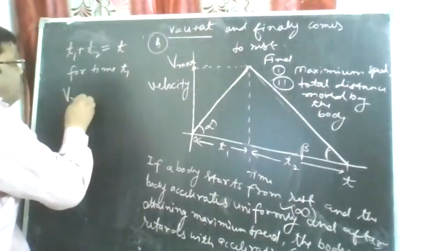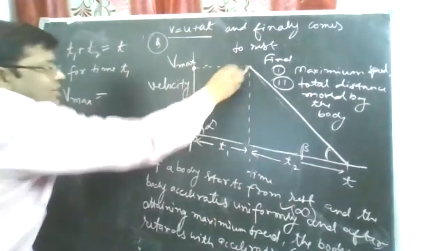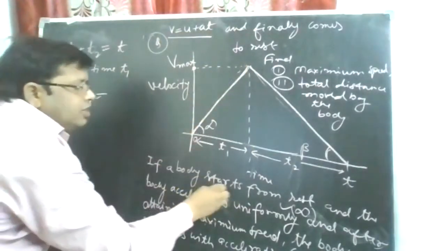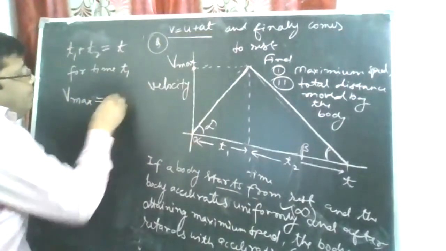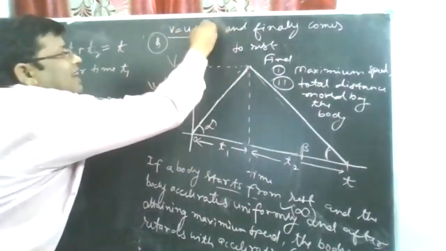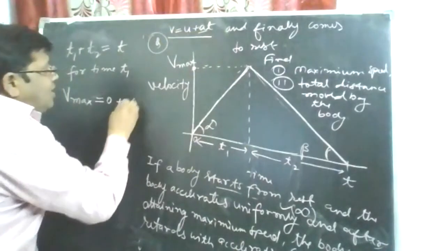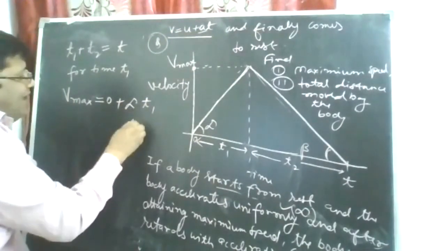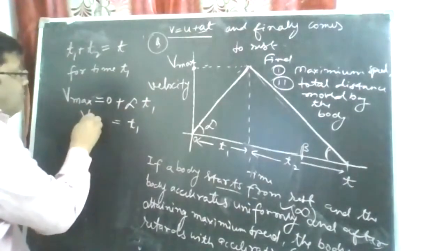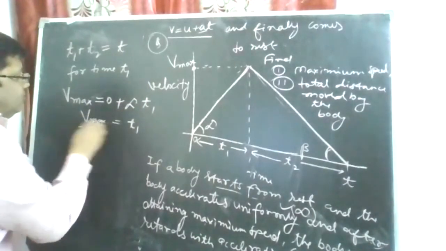V maximum. What is the initial velocity? The body starts from rest, so the initial velocity is 0, plus what is the acceleration? Alpha. And what is the time? t1. So t1 can be written as v maximum upon alpha.